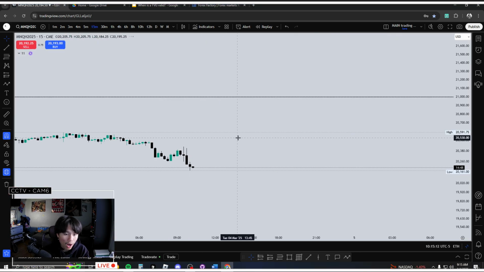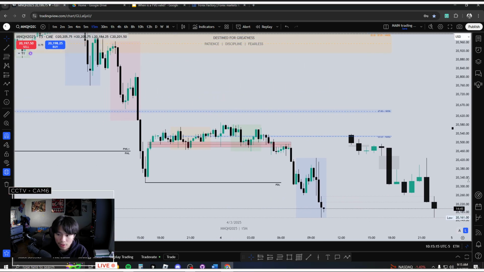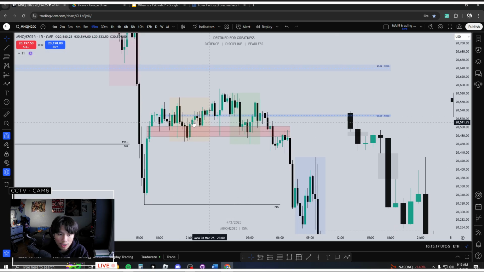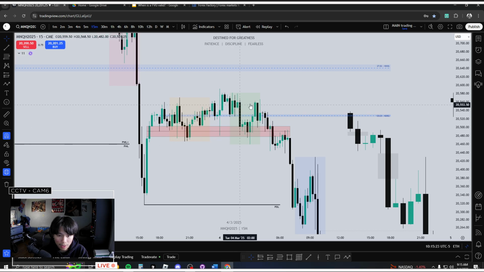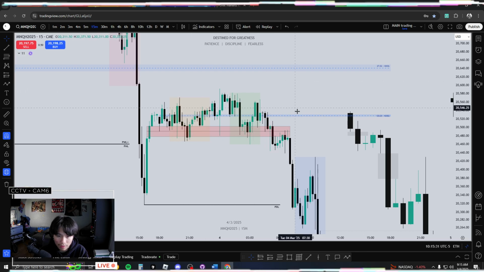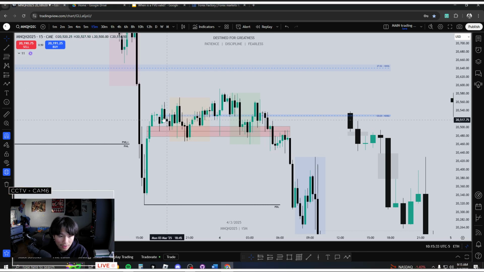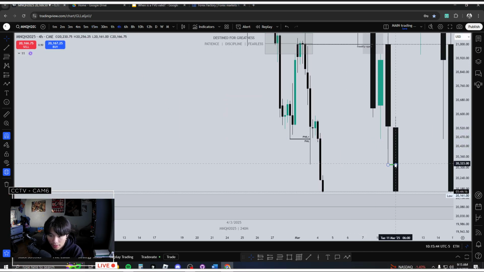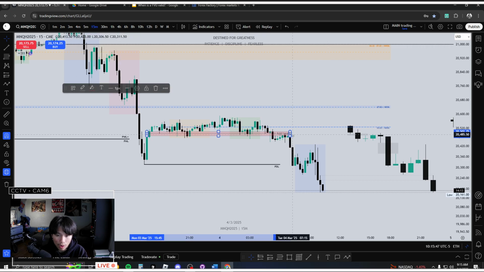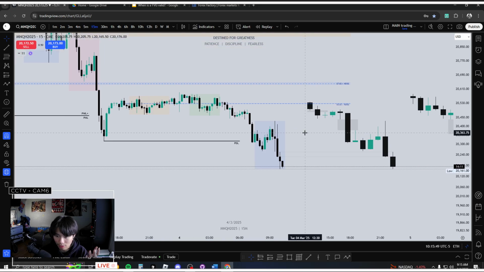So why shouldn't this 15-minute fair value gap be respected? These are the cases where these inefficiencies do get disrespected. It's because of narrative. If you know where prices wants to go, then you would understand when a fair value gap is going to be valid or not. I know prices shouldn't respect this inefficiency if we're going to respect the daily time frame. And this occurs on every single time frame.